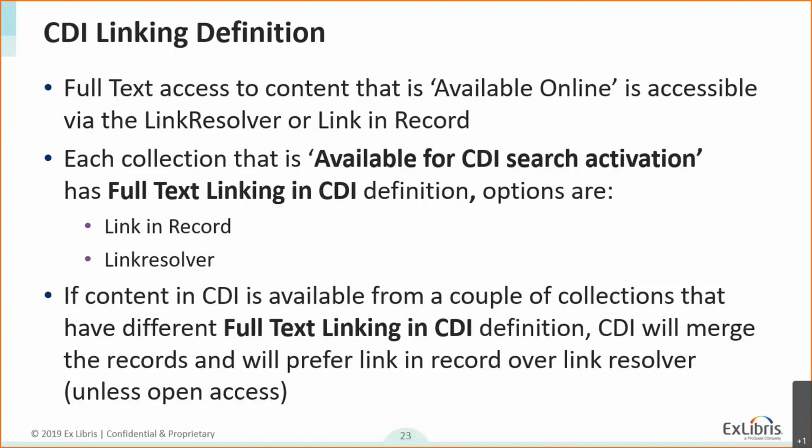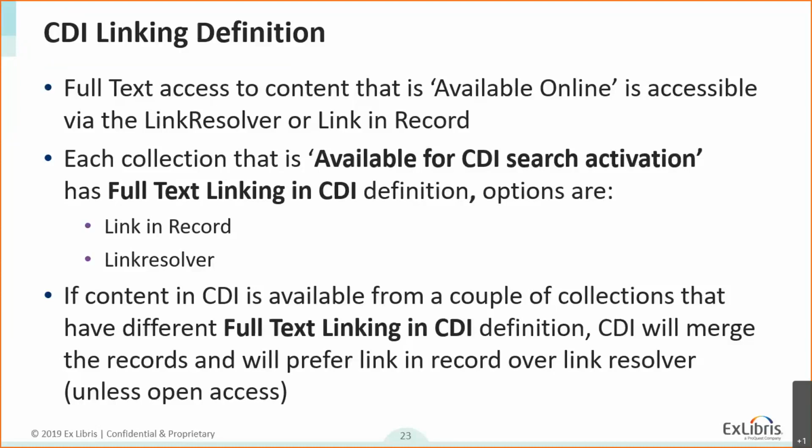Now, what happens if you have a portfolio, a title, that is available through a couple of collections in Alma and a couple of collections in CDI? How will the linking be determined? It could be that for one collection it's linking record, and for another collection it's link resolver.